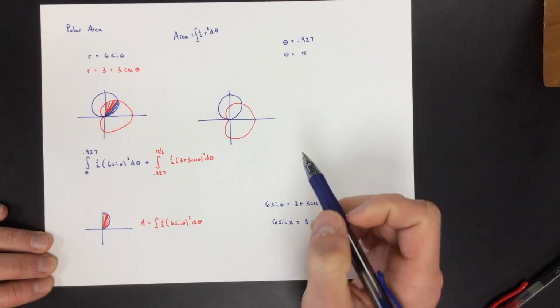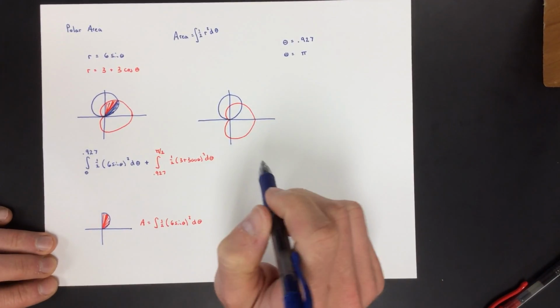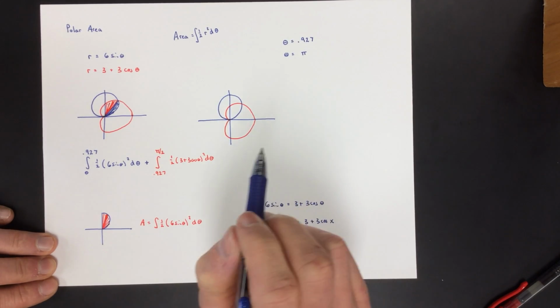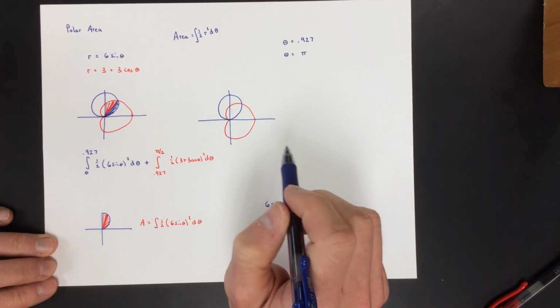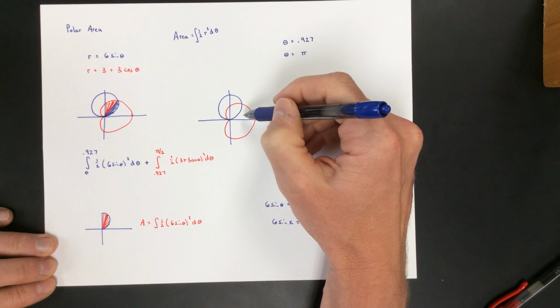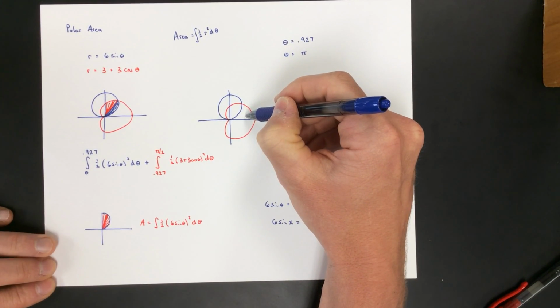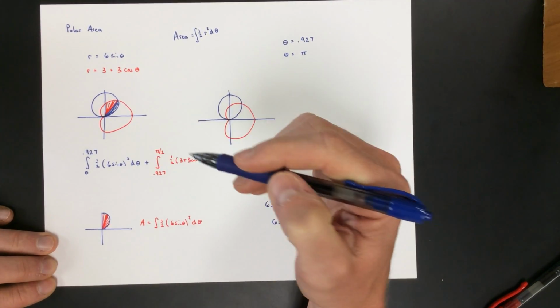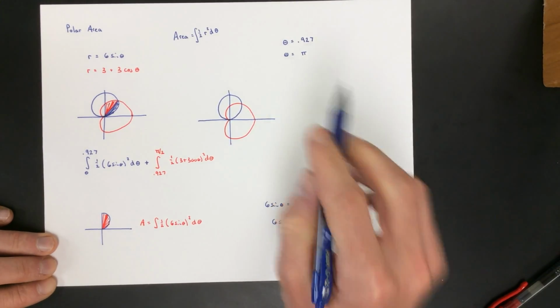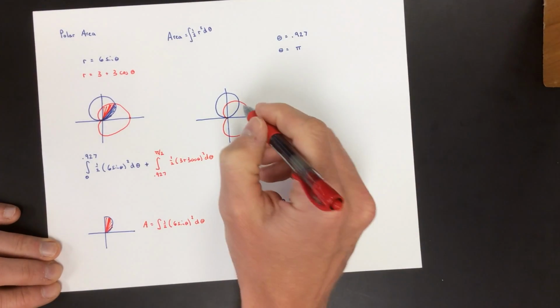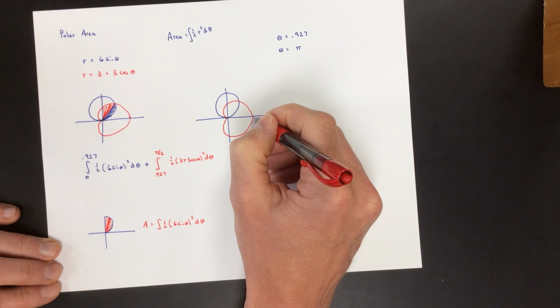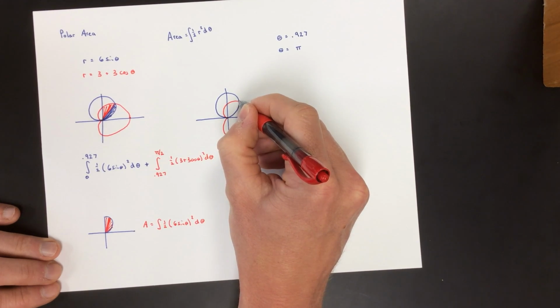Okay, now let's find the area in the first quadrant that is outside the circle and yet inside the cardioid. That's this area. Now we're looking at kind of a washer scenario. What would happen if you just integrated the cardioid from 0 to this angle?